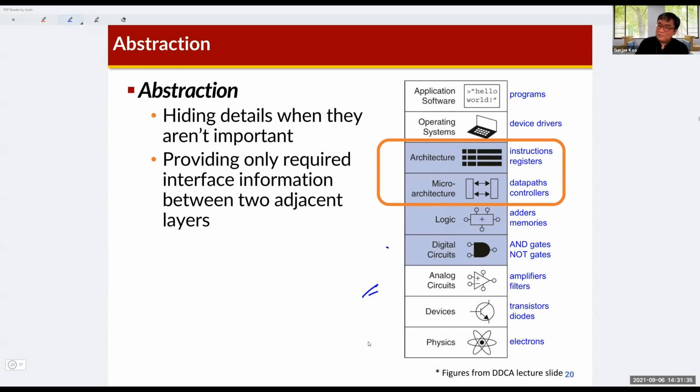These are all chips, and inside of the chip there are circuits, and circuits are composed of transistors, and each transistor works based on the theory of electronics. And then how about the software?